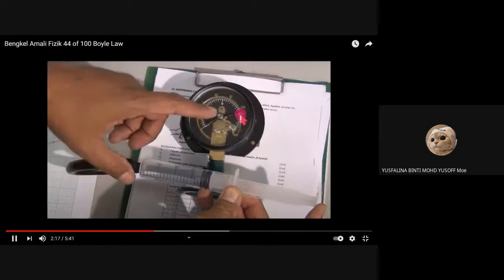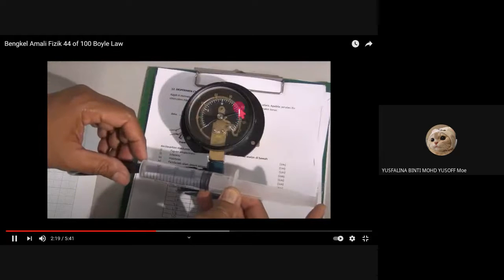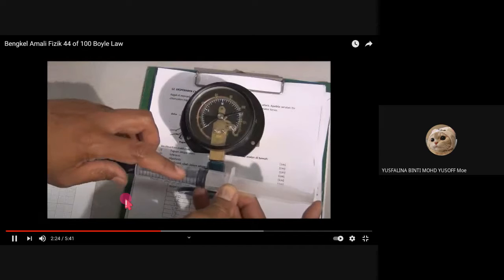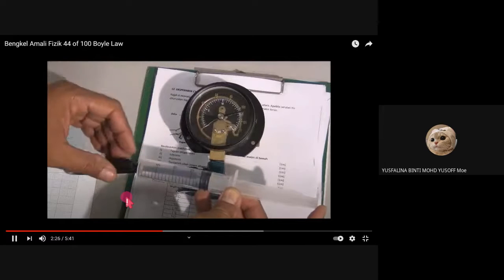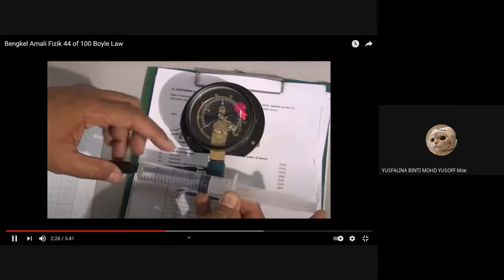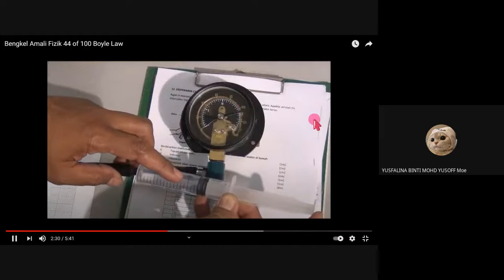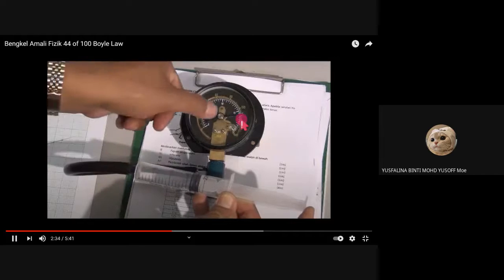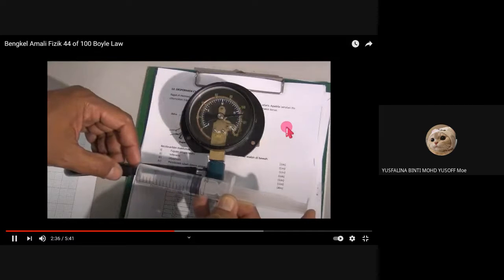So you can see there is an increase of the pressure here. 20 cm cube to 18 cm cube, you can see the pressure is increased here. 18 to 16, you can see it increased.